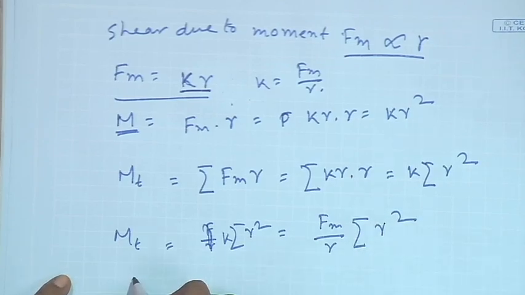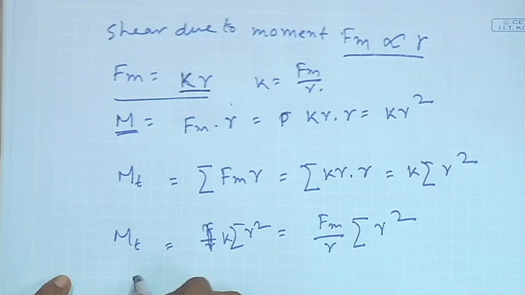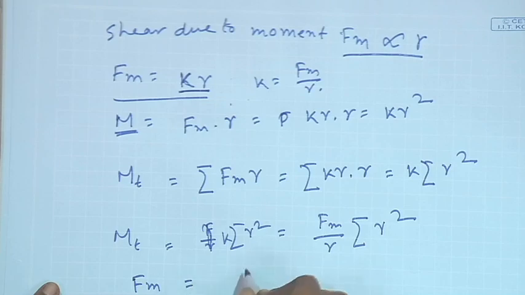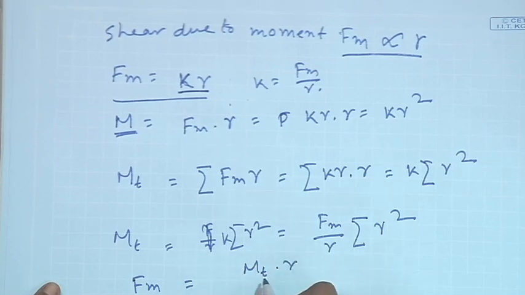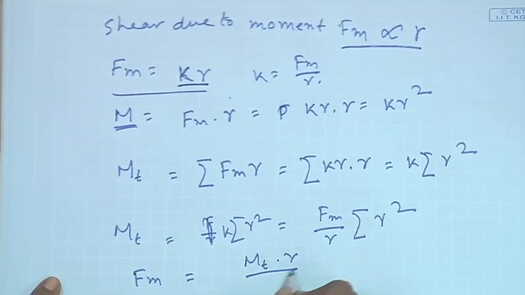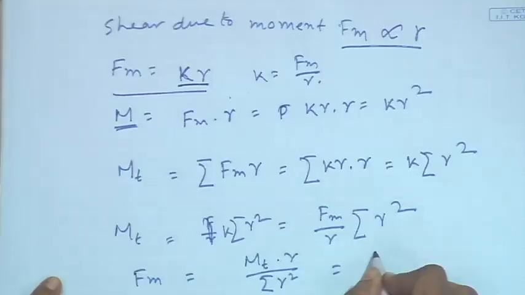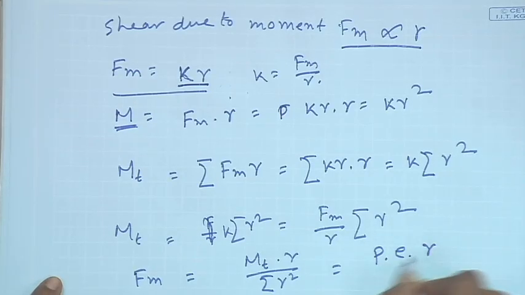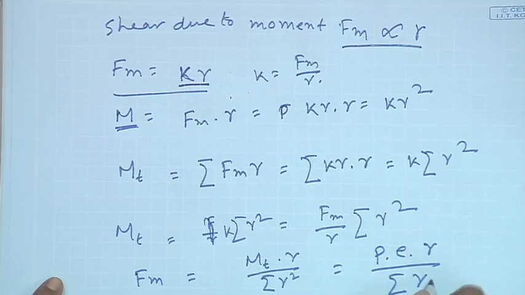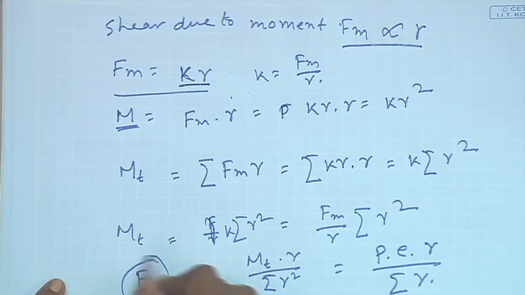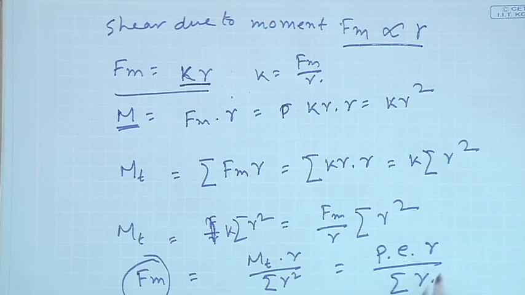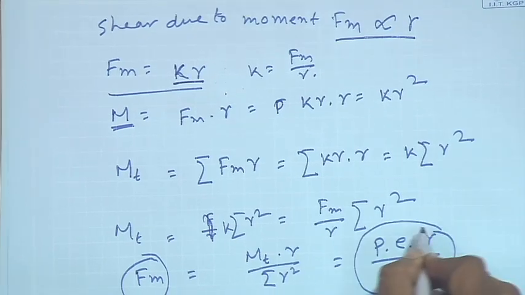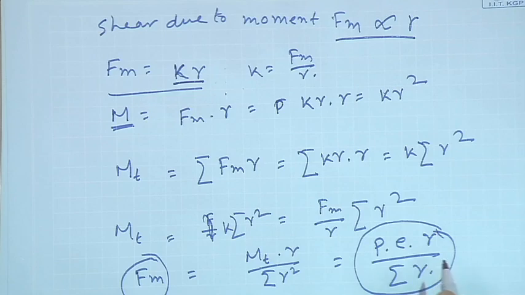So, from this I can write Fm, that is the force due to moment, will be Mt into r by summation r square, that means P into e into r by summation r square. So, this is how the force on a particular bolt can be calculated from this formula, where e is the eccentricity and r is the radial distance of the bolt to the CG of the bolt group.